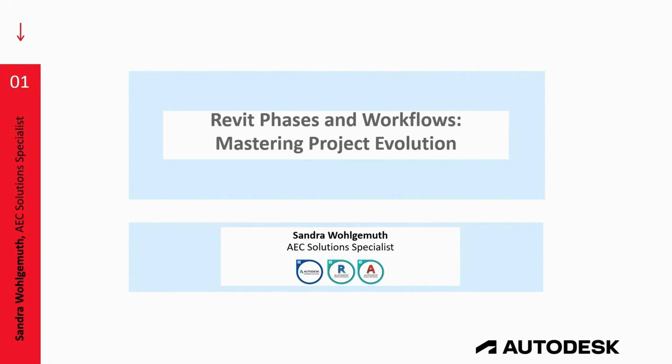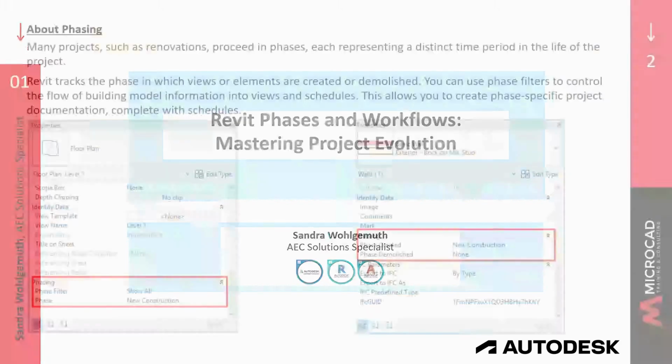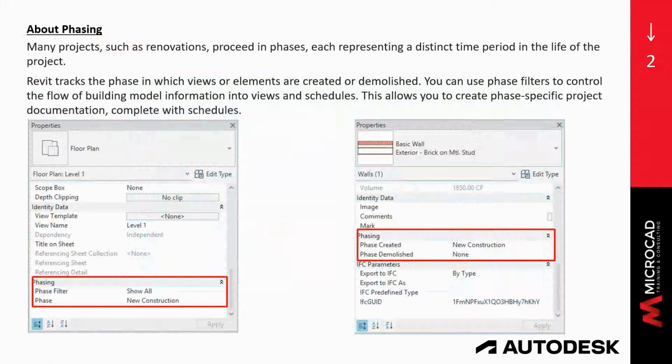Just because I do believe that Phases is a feature of Revit that you need to really grasp the concept of what it means to include time in your projects. So let's get going. So first of all, when do you use Phases? Phases are convenient to use when you're doing a renovation, and you're going to have an existing moment of the project, and you're going to have the new construction.